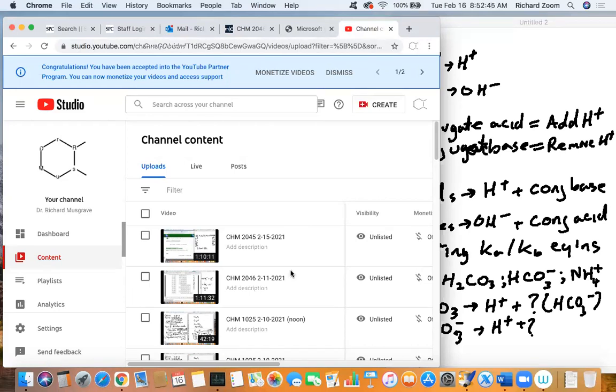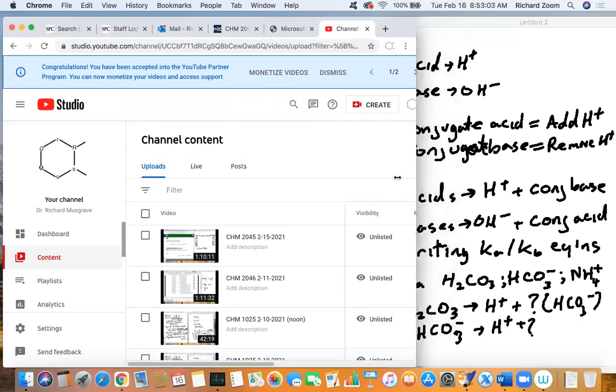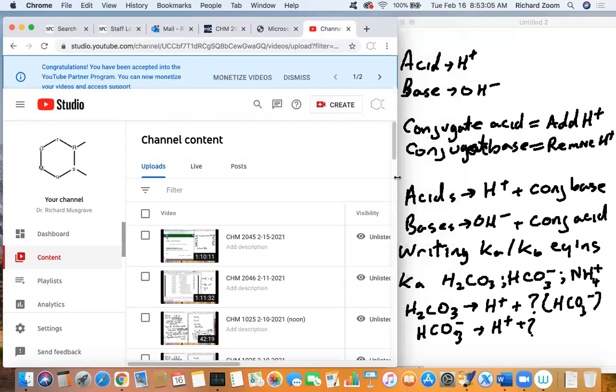Okay, so the answer there is CO3 2 minus, and you can see 9 of you got that, so a little bit more than half, which is good. So let's see how we get that. You're all okay, I think, with taking the H off. That's not a problem.